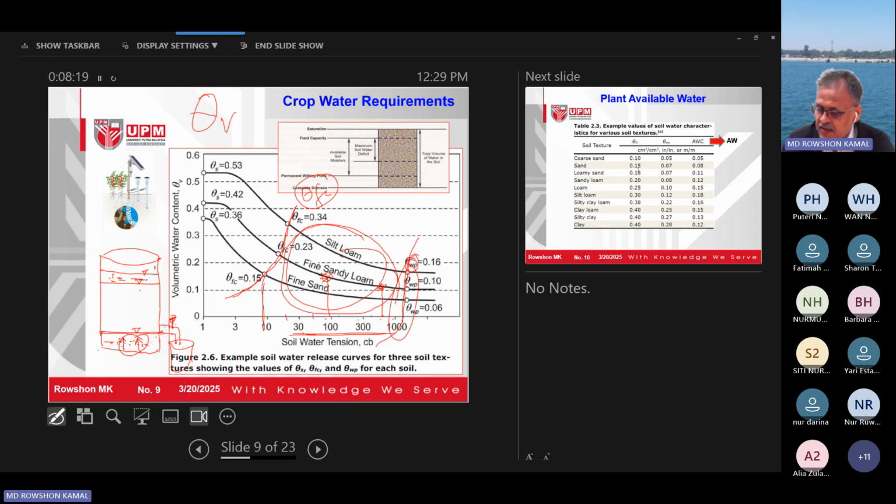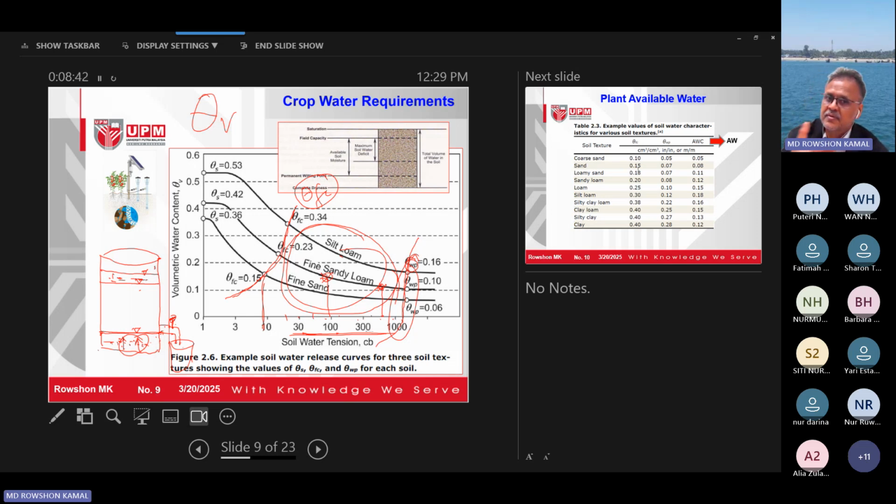Stress is increasing: 30, 100, 300, 10,000. Meaning that when moisture content reduces in the soil, the soil becomes dry and plant grows under stress and stress and stress. Okay, means crop faces difficulties to get the water from soil and then crop dies.